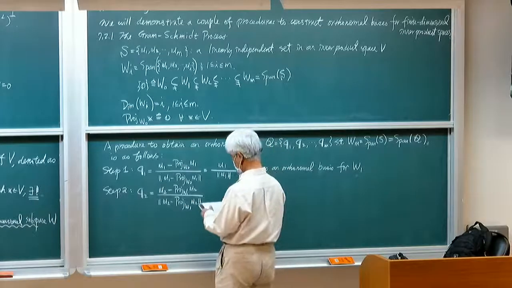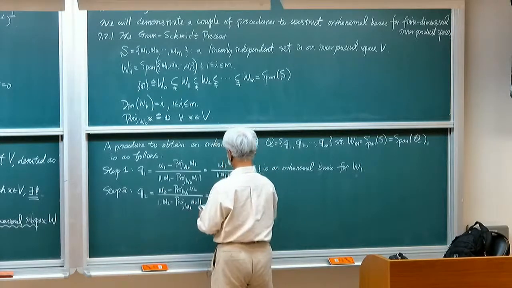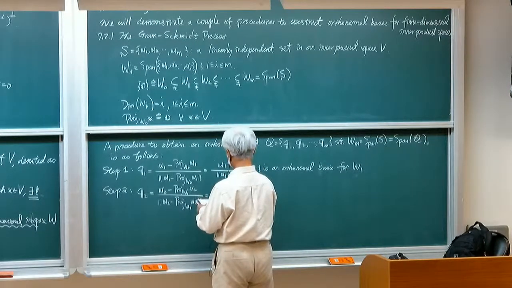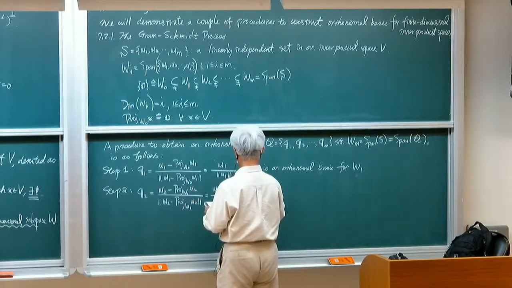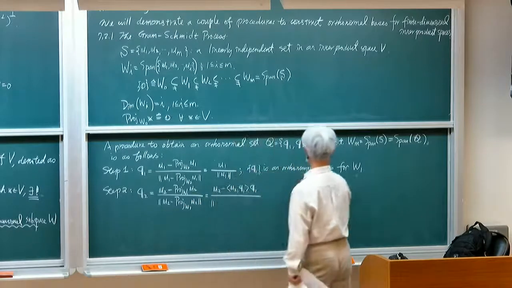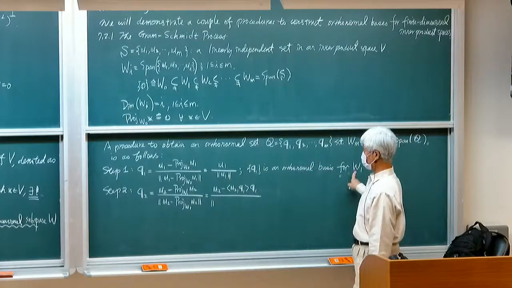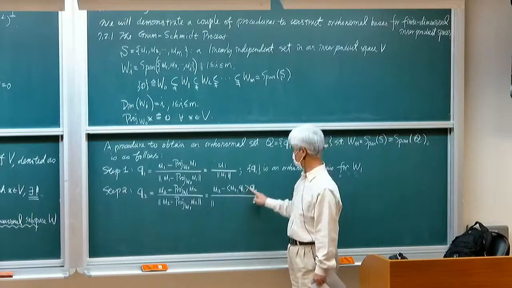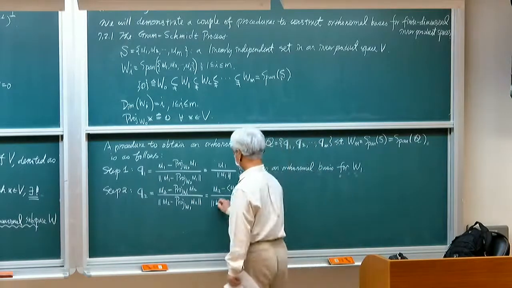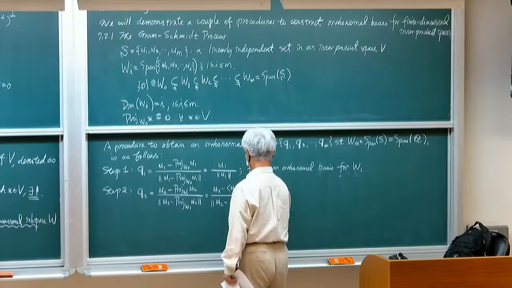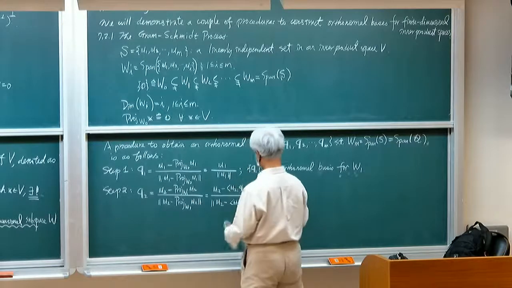And this we know is equal to U2 minus the inner product of U2 and Q1 times Q1, because Q1 is an orthonormal basis for W1. So the projection is equal to this vector.